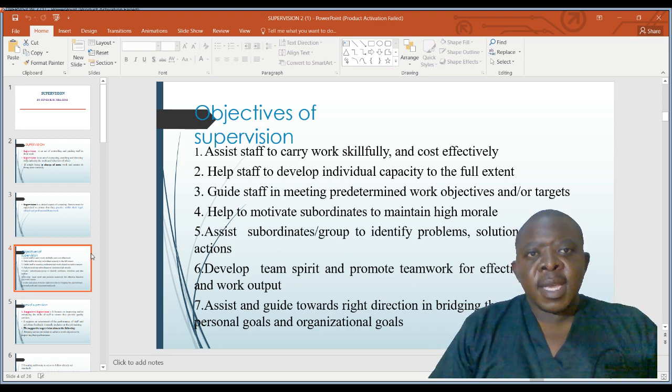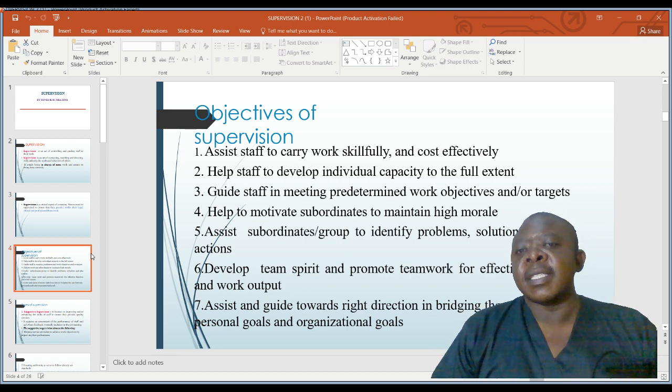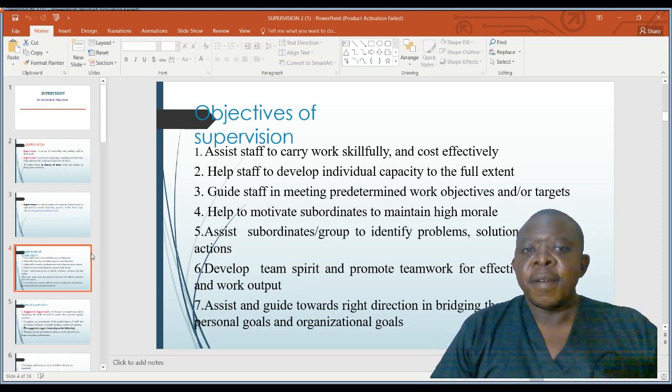The third objective is that it helps in guiding staff in meeting predetermined work objectives and/or targets. The fourth objective is that it helps to motivate subordinates to maintain high morale.